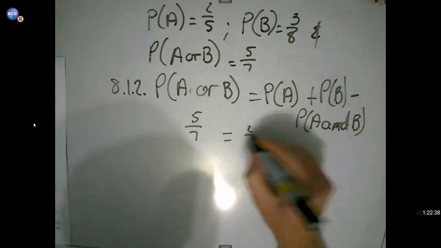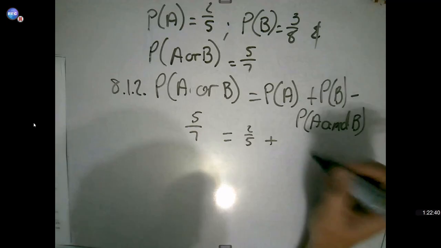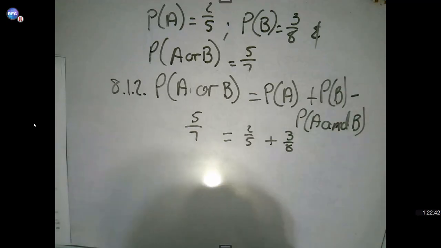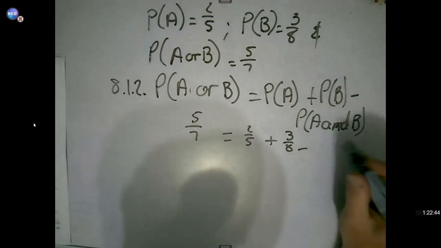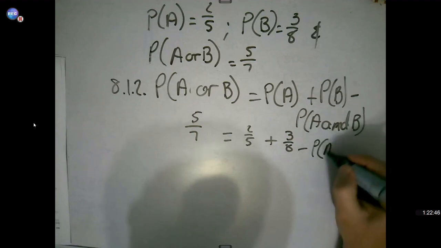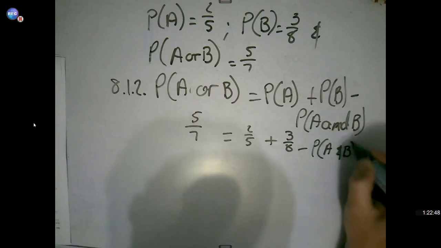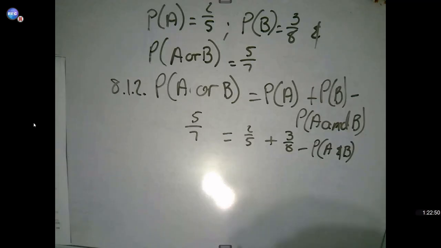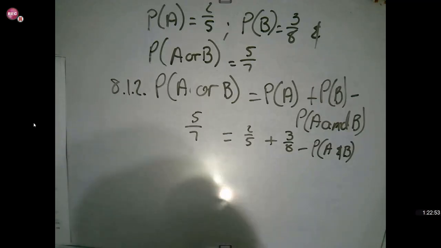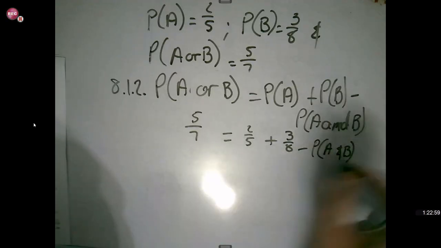For A, it's 2 over 5. Plus for B, it is 3 over 8. And then you sit with minus the probability of A and B in this case. We need to calculate for A and B. If we add all of this together and do what we're supposed to do, you should get the following. So I'm going to bring this over.